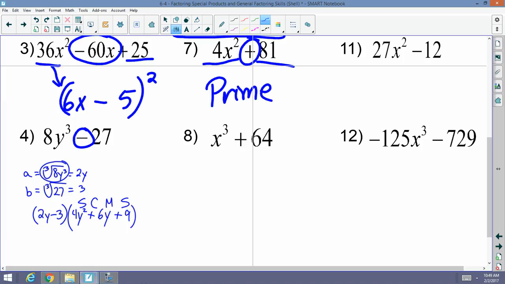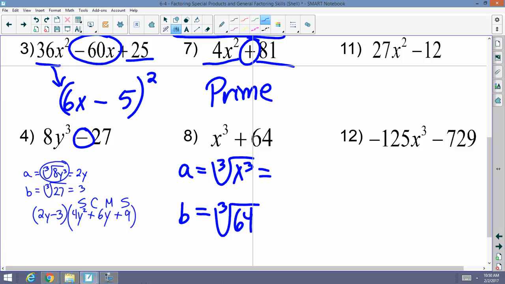Yes. For those of you that don't know, I suggest, no sarcasm, learn your perfect squares, learn your perfect cubes. I've been telling you to do this for 6 months now. So please follow suit. So I got to find my a term, which is the cube root of the first term, and then my b term, which is the cube root of the second term.